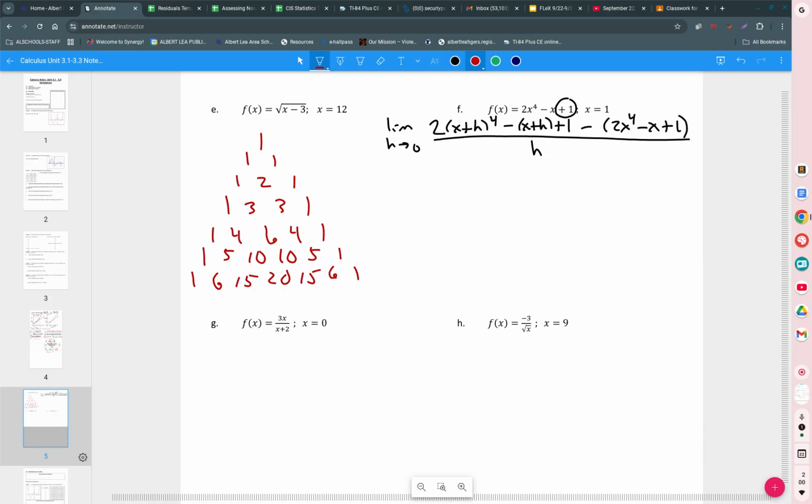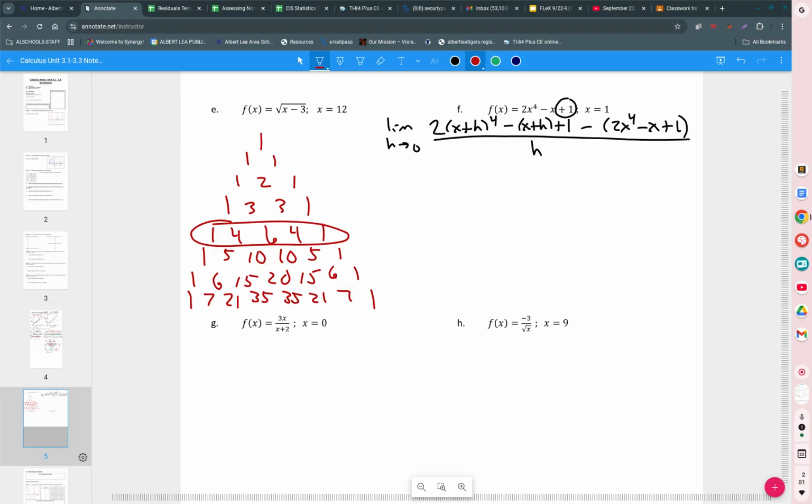Okay, start with a 1. 1 plus 6 is 7. 6 plus 15 is 21. 15 plus 20 is, and then it continues on down. Now, if it's to the 4th power, we want to grab the one whose second number is 4. That's the one it goes with.